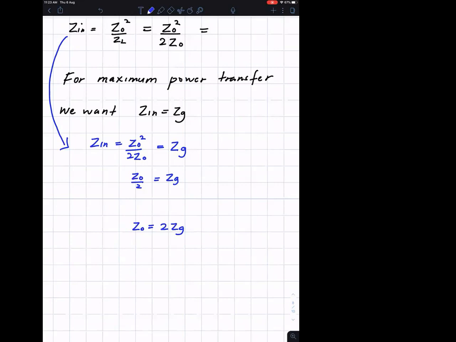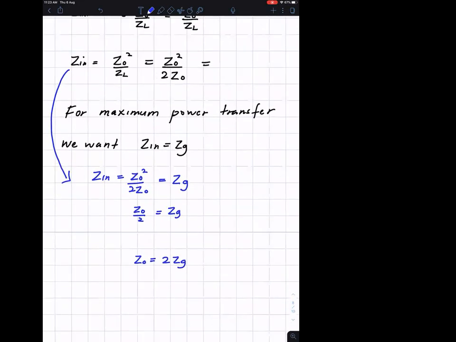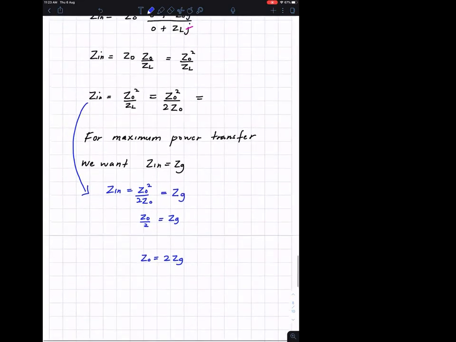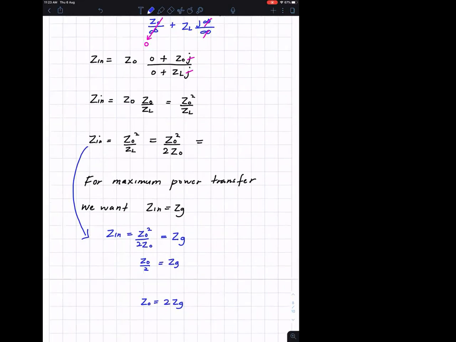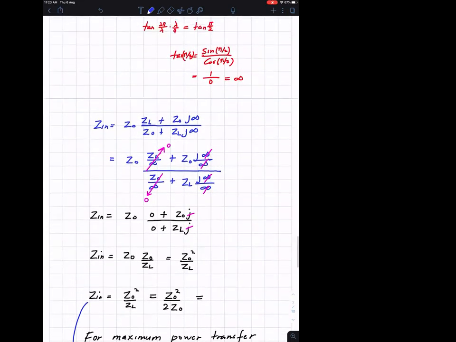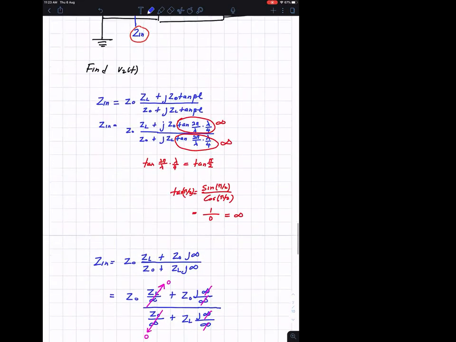Hold on a second, please. I made a mistake here. The load impedance is 2Z naught, so I'm going to change this to 2ZL.